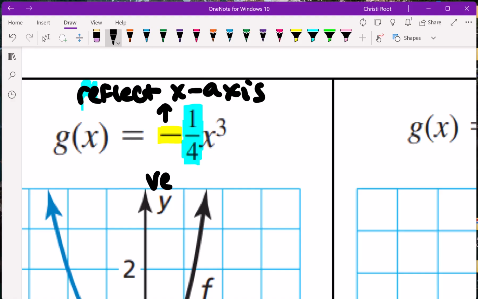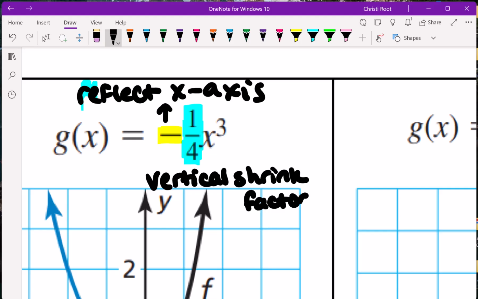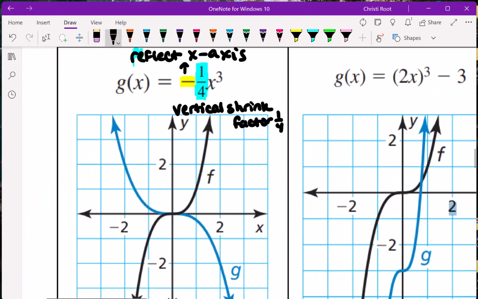That means it's going to be a vertical shrink, and it's a shrink because it's a factor of 1/4. No parentheses, so everything is affecting the function, not just the x variable. You can see that it has flipped, reflected over the x-axis, and it has been squished vertically by 1/4.